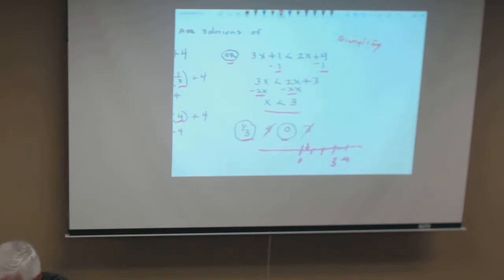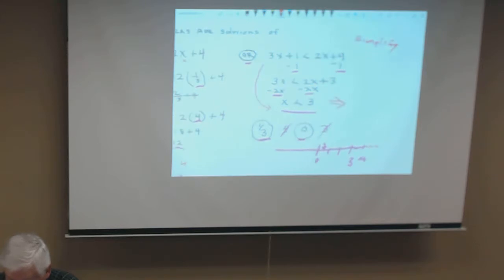So I go -1, -1. Now I'm down to 3x is less than 2x plus 3. Then I subtract the 2x over here to get it on the other side. And now I'm down to x is less than 3. Now that's easy to read. See, I took all of this and turned it into this by the process of simplification.